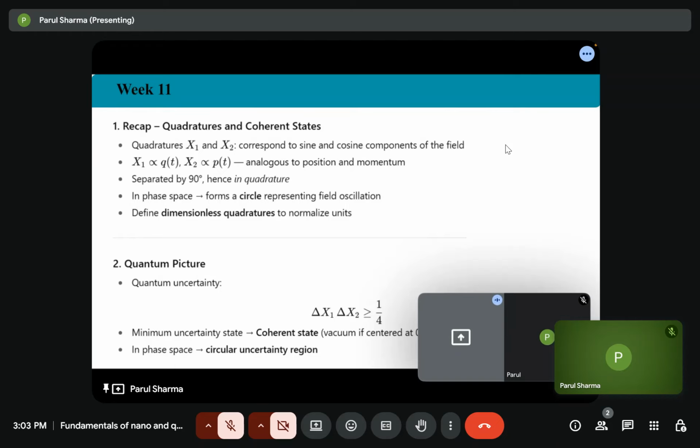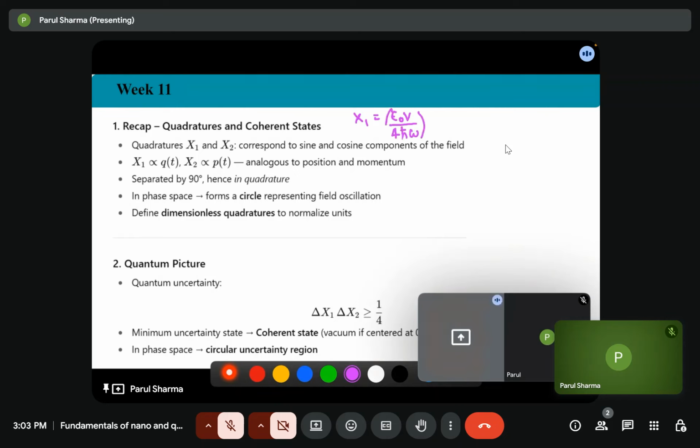So we saw that quadratures x1 and x2 correspond to sine and cosine components of the field. We saw that x1 equals epsilon naught V upon 4 h cross omega to the power 1 by 2, E naught sine omega t.